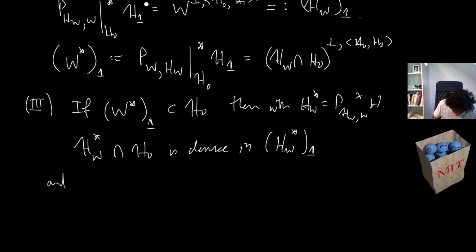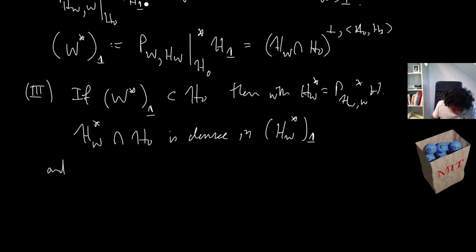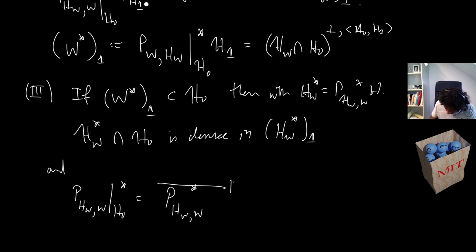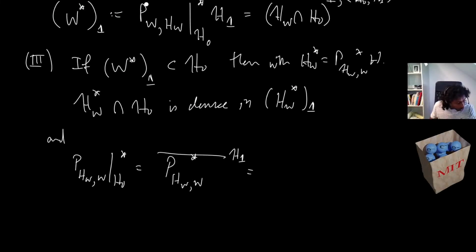And of course the projectors, so the adjoint projector P_HW restricted to H naught star is just taking the closure of either the projector in H, the star in H, and then I take the closure in H1 as an operator, or I take the closure in H naught.